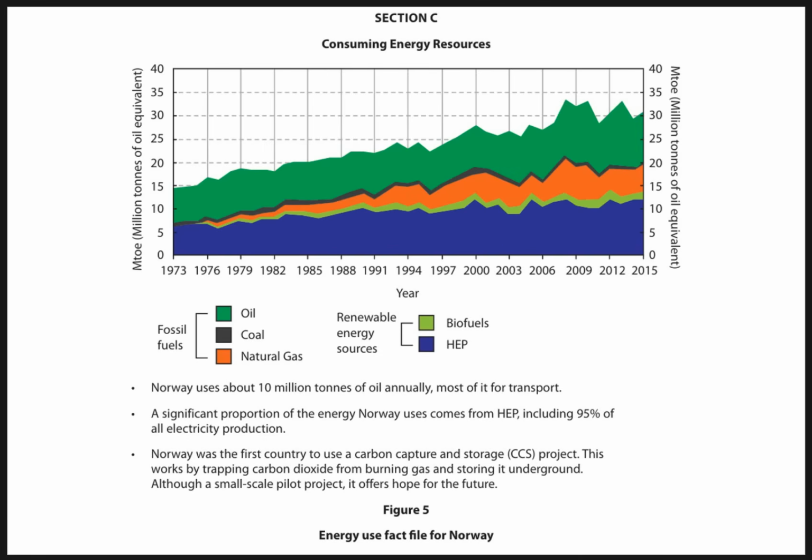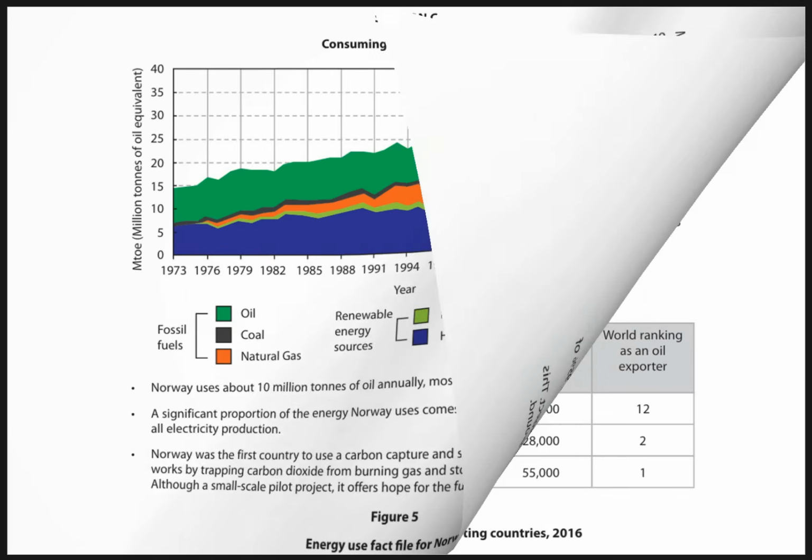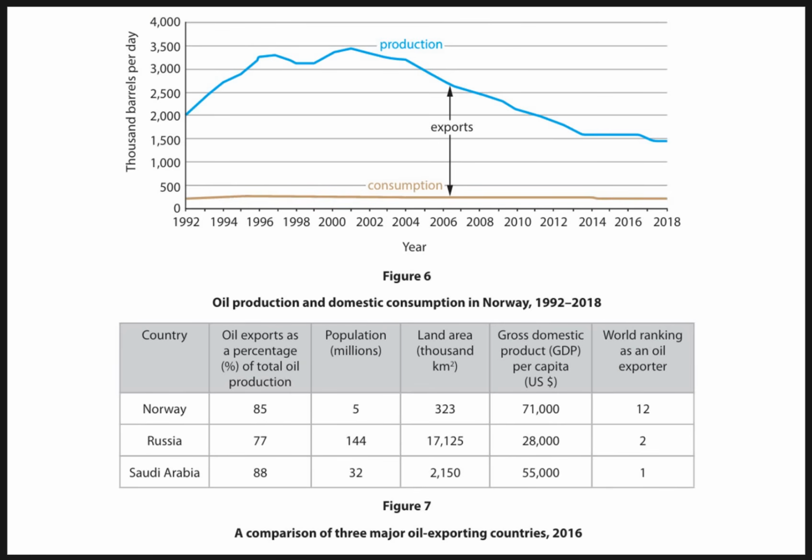Yes, it does produce oil, but much of it is for export. Speaking of which, these graphs and tables start to show us how important oil is to Norway's economy. Whenever you see graphs and tables in paper 3, look for trends, anomalies, relationships, because that's the focus in most of the exam type questions.